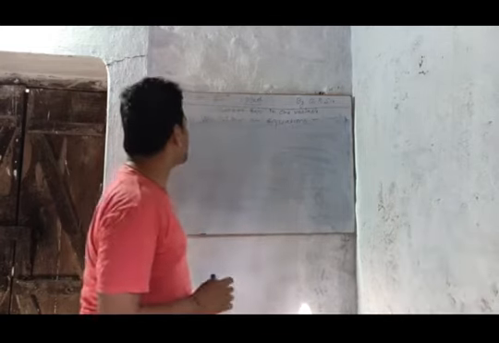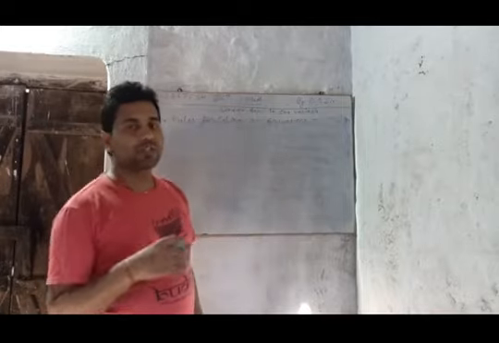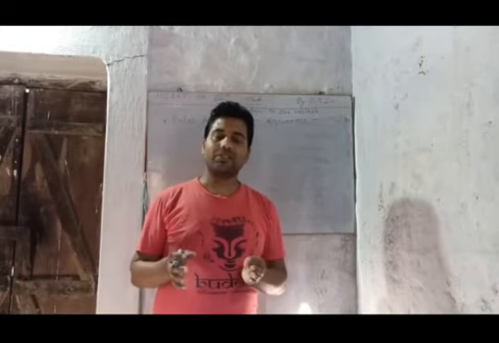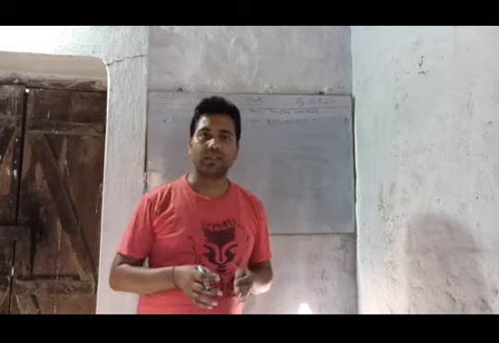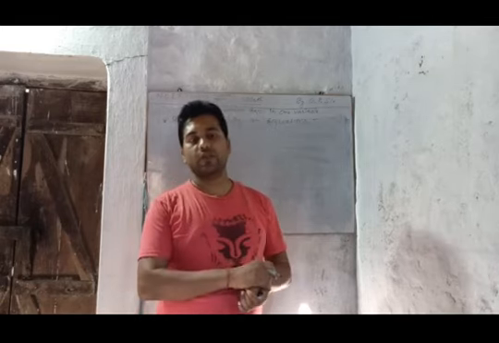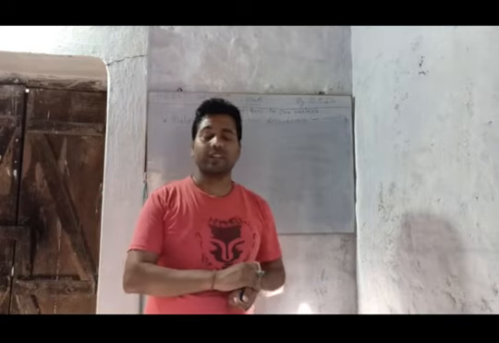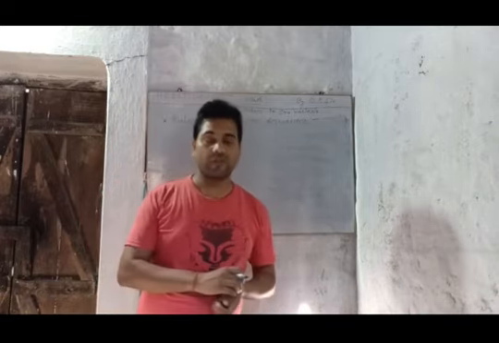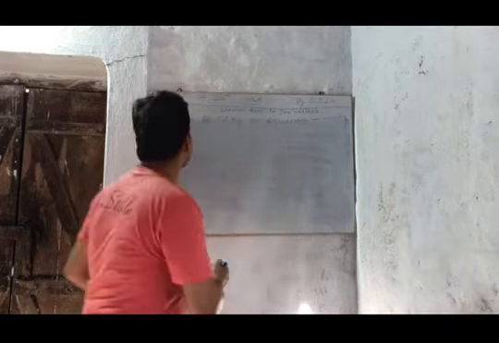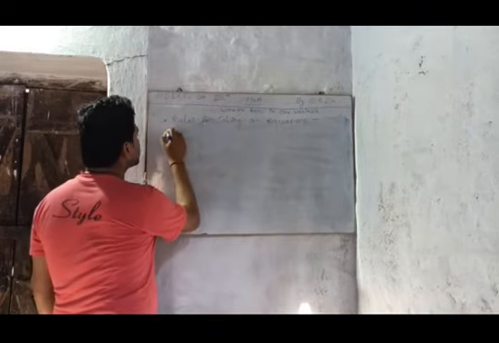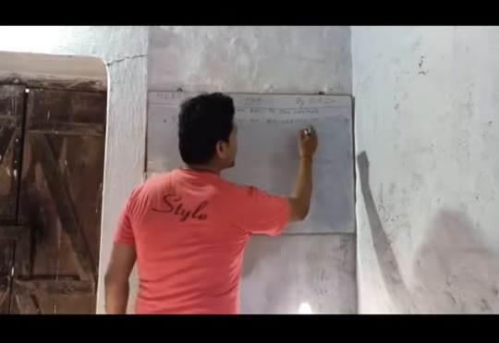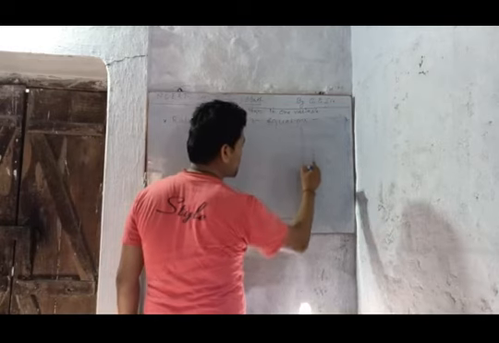I have prepared a list that 6 types of rules are there by which we will solve an equation. We will simplify the equation to find the value of the variable, the solution of the equation.